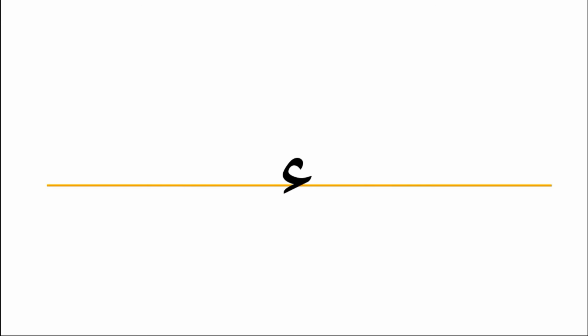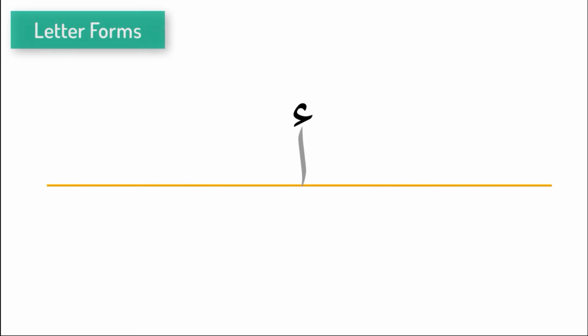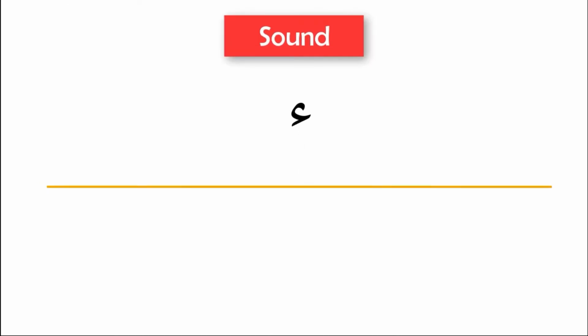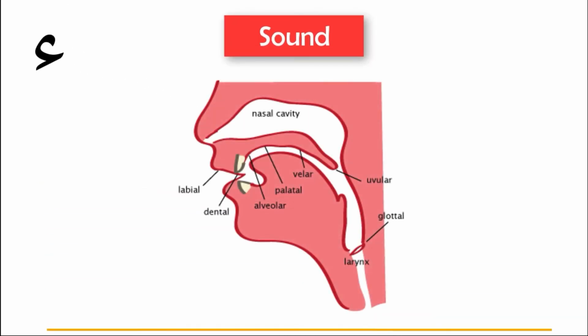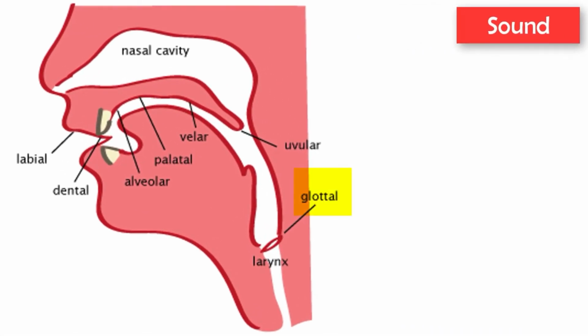In its isolated form as above, it will sit on the line, but in other circumstances, it actually sits on other letters. We shall discover more about this when talking about the alif and the chapter entitled Letter Forms. The sound that the hamza produces is what is known in the grammatical world as a glottal stop.